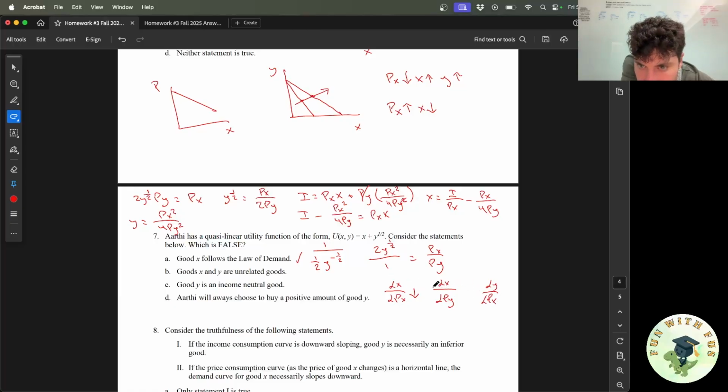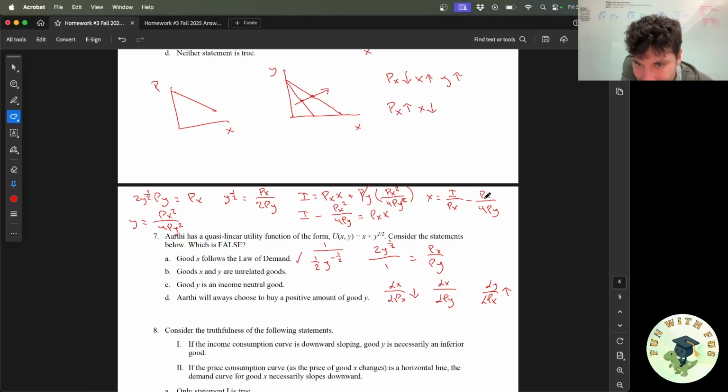Awesome. So if I increased px, then this also increases. And I guess it doesn't really matter because I've already established that this one's a substitute.